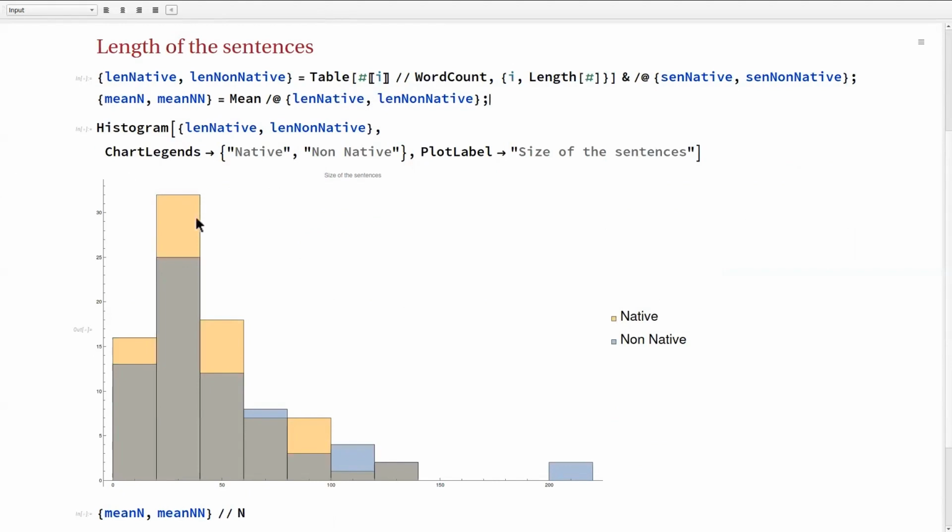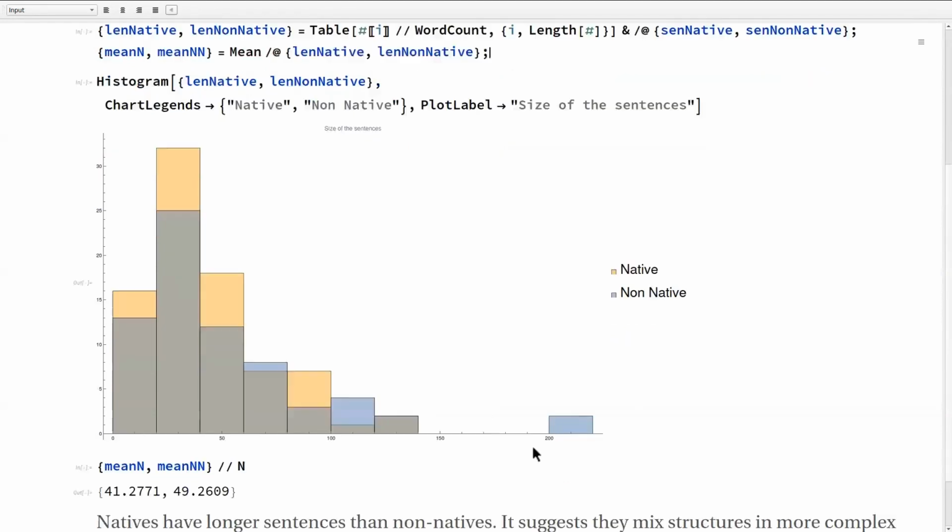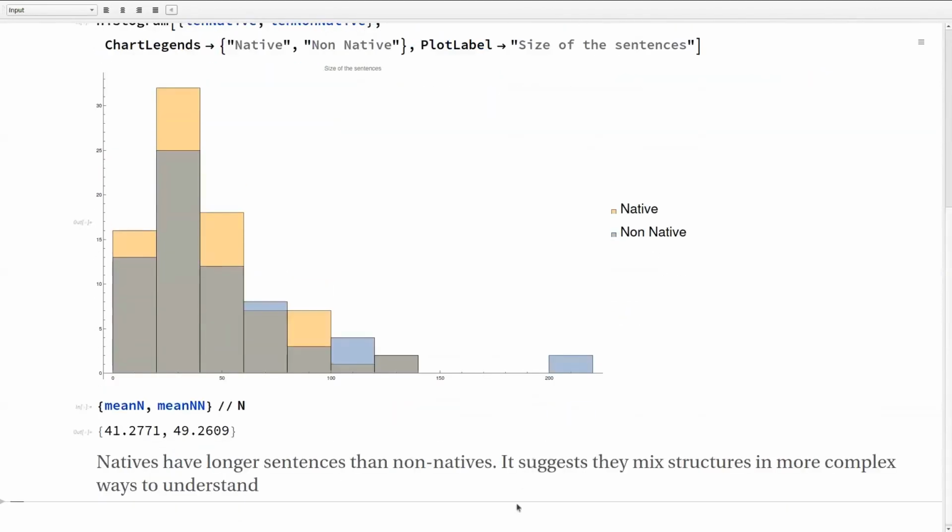So we can see that, for example, here the length of the sentences created by native people is larger than sentences created by non-native people. So in conclusion, sentences made by natives could be harder to understand. Why? Because they are larger. They have more content.